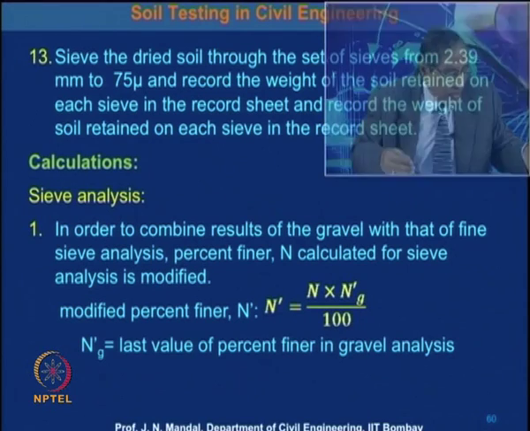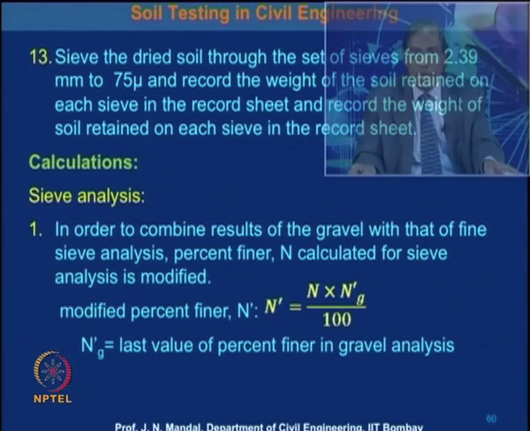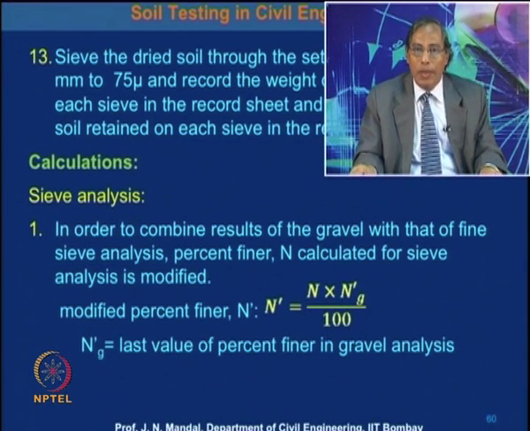The modified percentage finer N dash is equal to N into N dash G divided by 100. Now, N dash G is the last value of percentage finer in the gravel analysis.